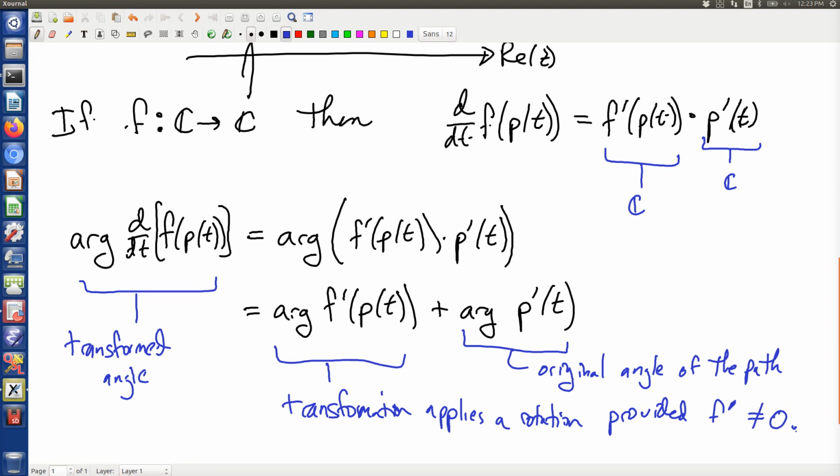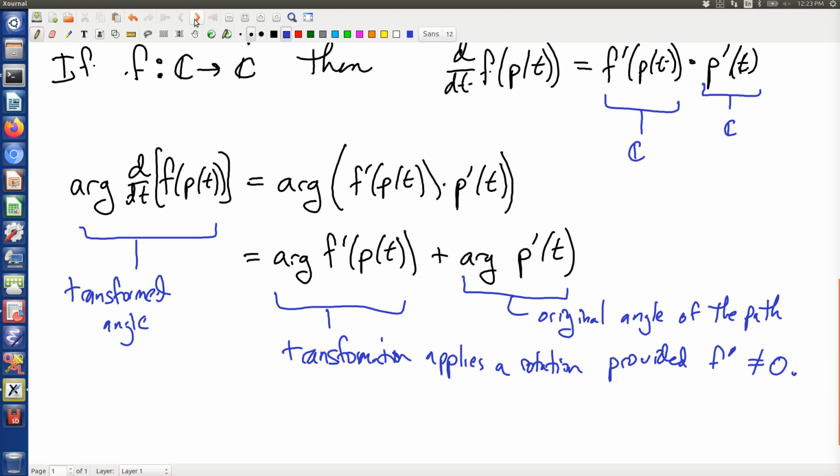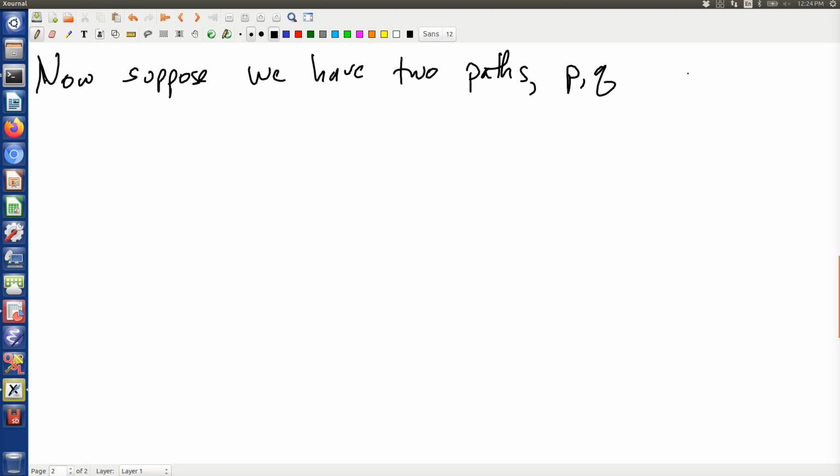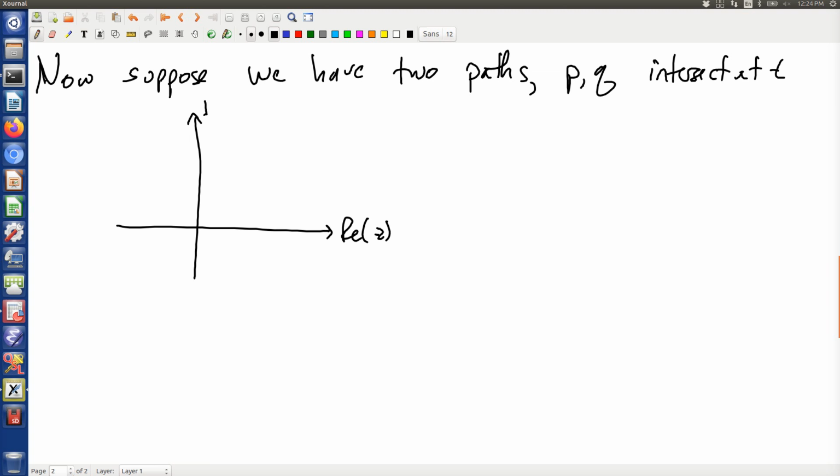All right, so now we're in position to check conformality. If I have two paths, P and Q, that intersect at t, I've got P and I've got Q. Here's my P prime, here's my Q prime.